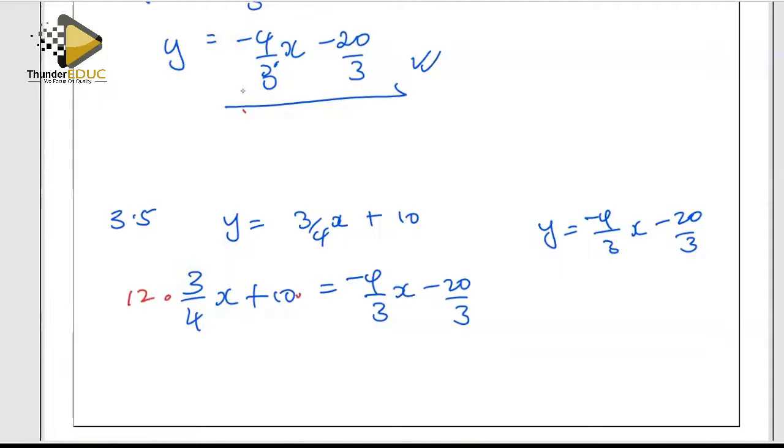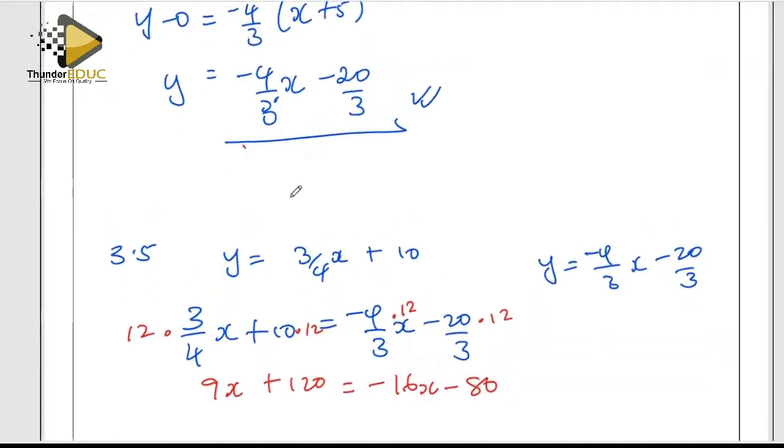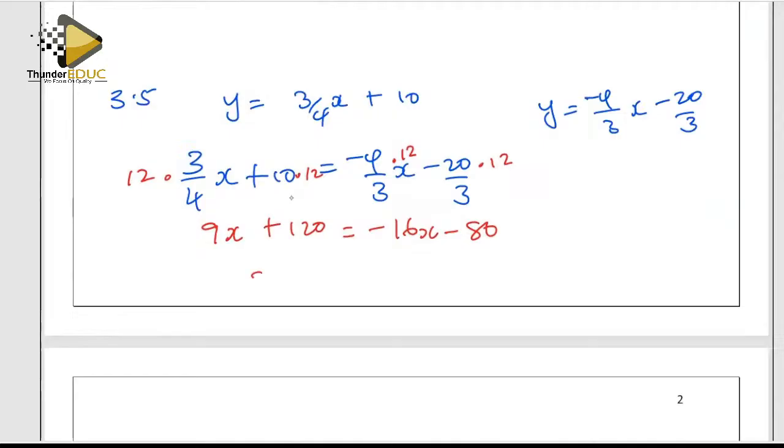So that gives me 9x plus 120 is equivalent to -16x minus 80. Then I'll collect the like terms. I'll move the 16 that side, I have 25x. And 120 moving that side, I'll have -200, meaning that our x is -8.